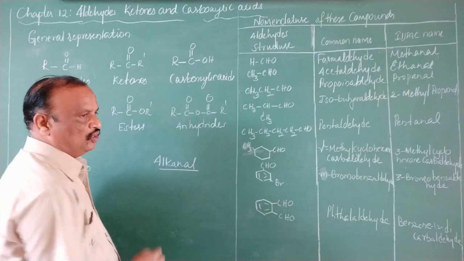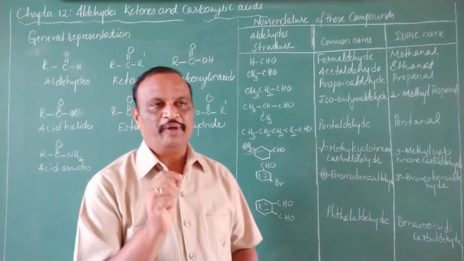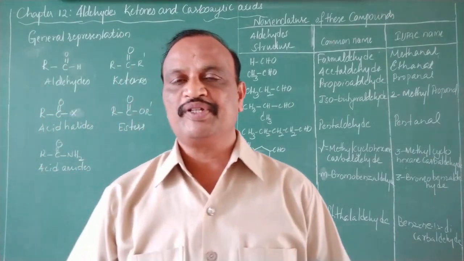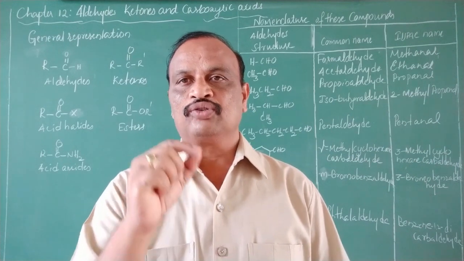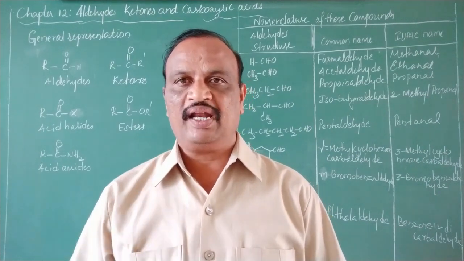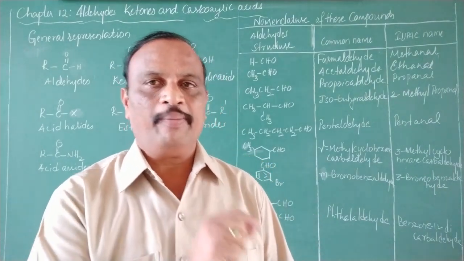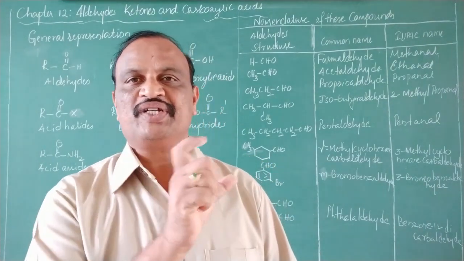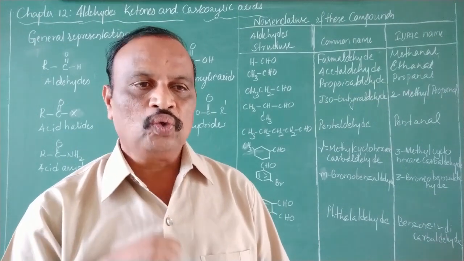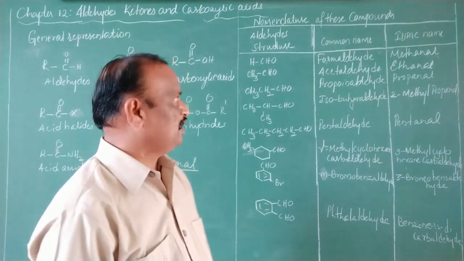Depending upon the number of carbon atoms present, we name alkanes: methane, ethane, propane, butane, like that. So that 'e' you replace by 'al' depending upon the number of carbon atoms present in that compound. So name these compounds there.